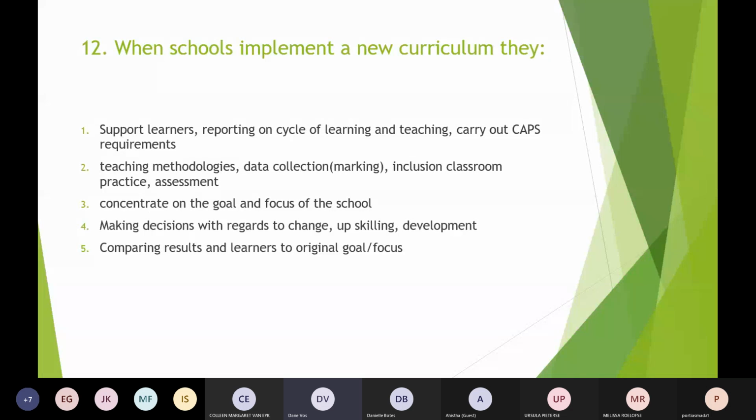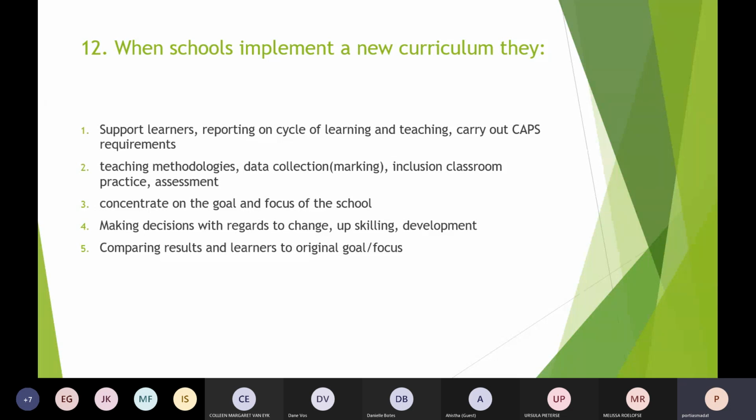Maybe number 1, support learners, reporting on the cycle. Oh, no, I don't know. All right. Thanks for trying. But I think if we're guessing, then 3 is a good one to go to. Yes, thank you, Danae.